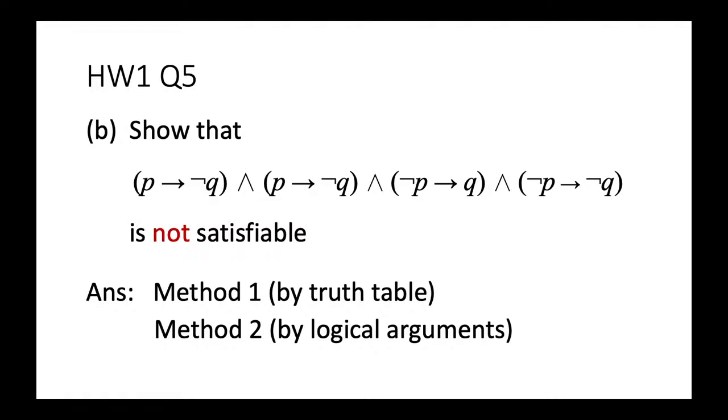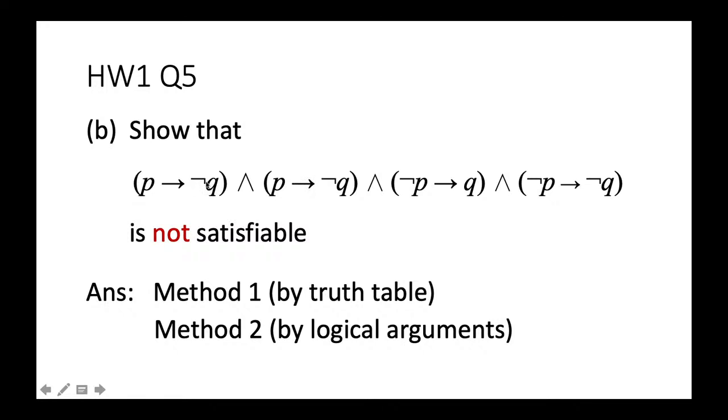Method 2 is, if you find the truth table is tedious to draw because it is perhaps very large, then we may argue this is not satisfiable by using logical arguments. So here we will see that we have 4 parts.